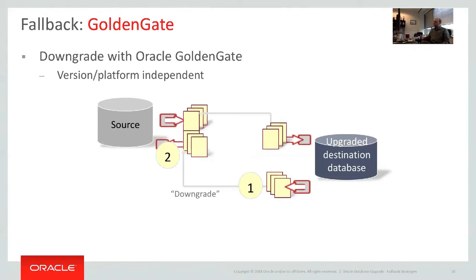Well, you could do that export and import while you are capturing changes with GoldenGate and kind of limping along with your newer version database, and then replicate with GoldenGate back to 11.2.0.4. Once you've caught up, you could do the switch back to the old version. But again, you want to make sure that you have GoldenGate configured on your upgraded database initially, if that's part of your fallback strategy.